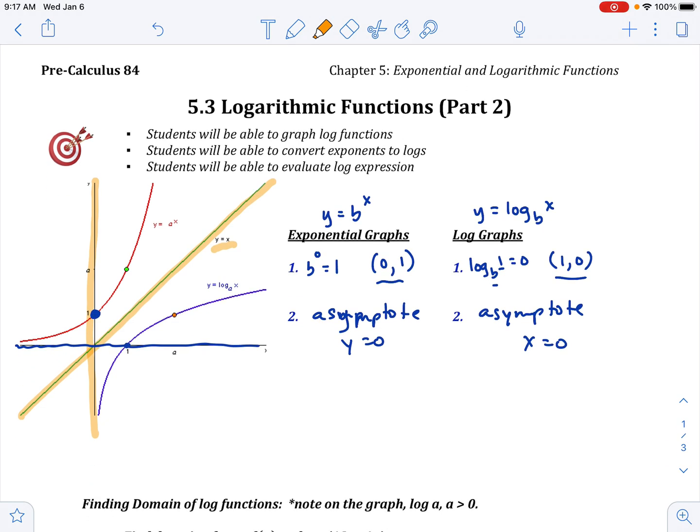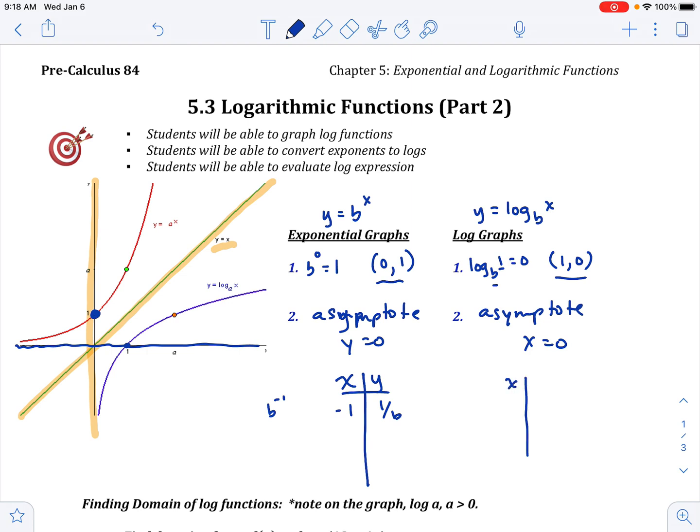All right, the last thing before we talk about domain and range and then actually get into the graphing. When we did our graphing, I essentially gave you 3 points to ponder in terms of your graph, for those people that like to use charts. One of them was if I plugged in b to the -1, so a -1 for my x value, I got 1 over b.